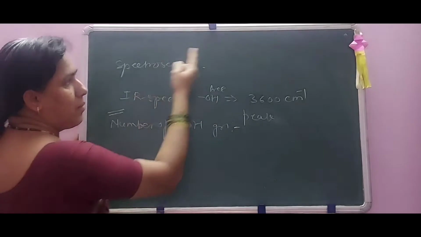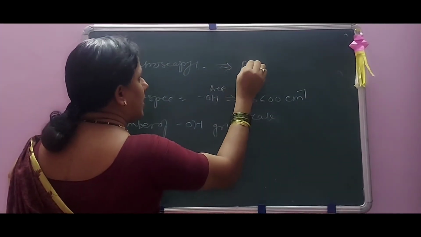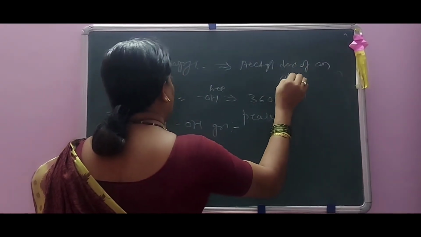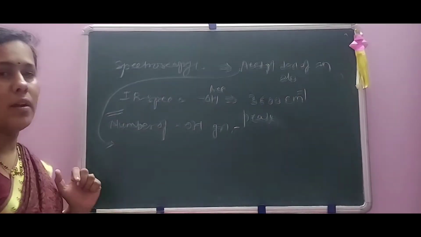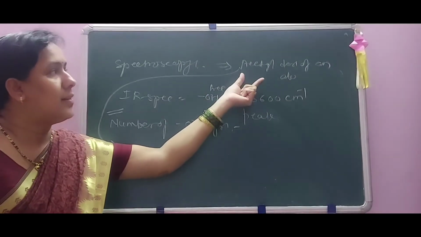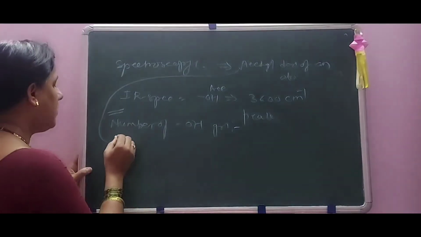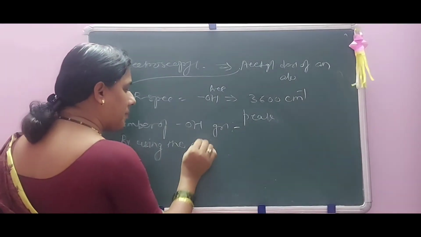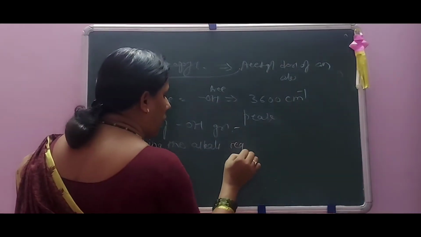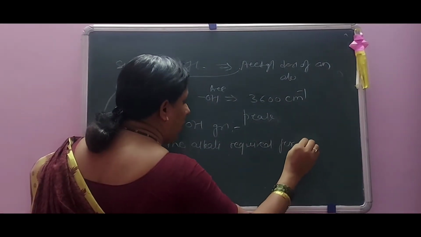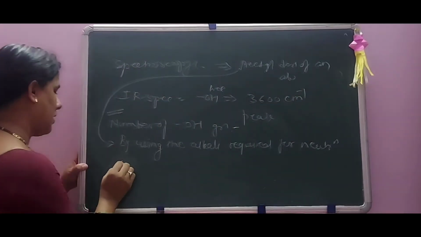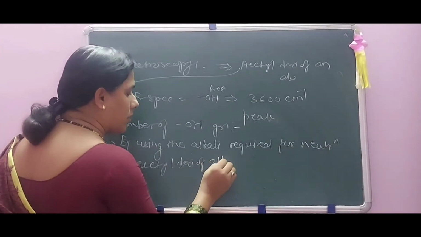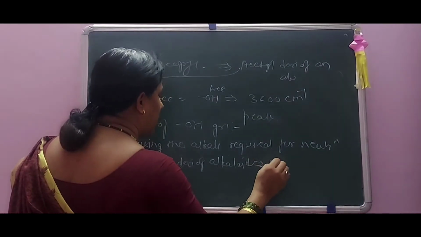Whatever was formed in the previous method, that is the acetyl derivative of an alkaloid, can be reacted with alkali, and the alkali required for neutralization of the acyl derivative of the alkaloid is measured.